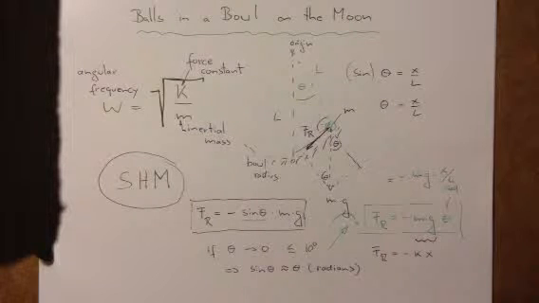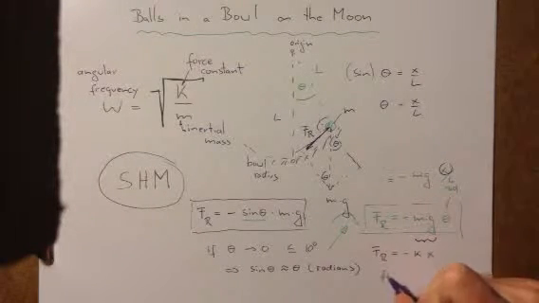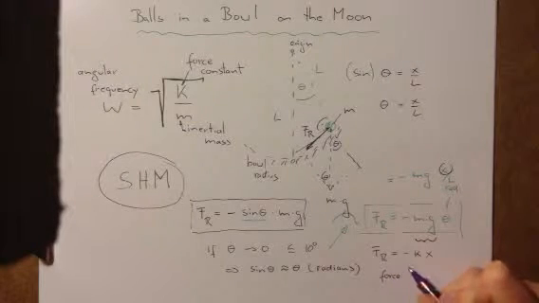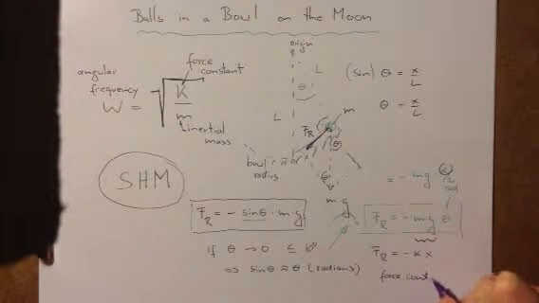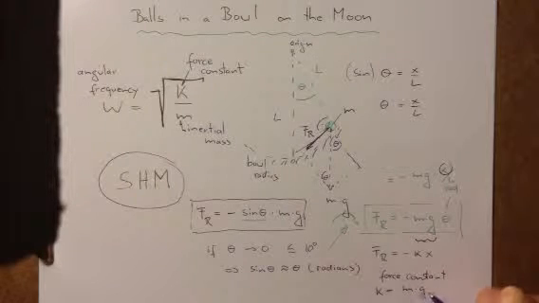Now we know this is our x, so the force constant k is equal to gravitational mass m times gravity divided by L.